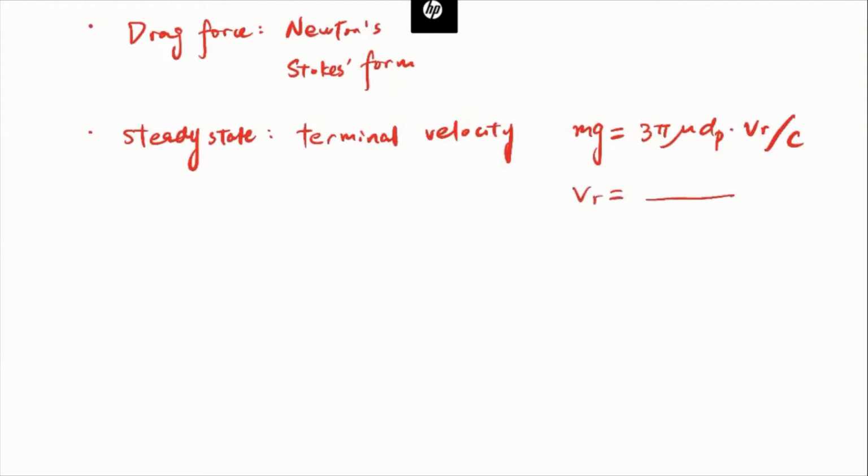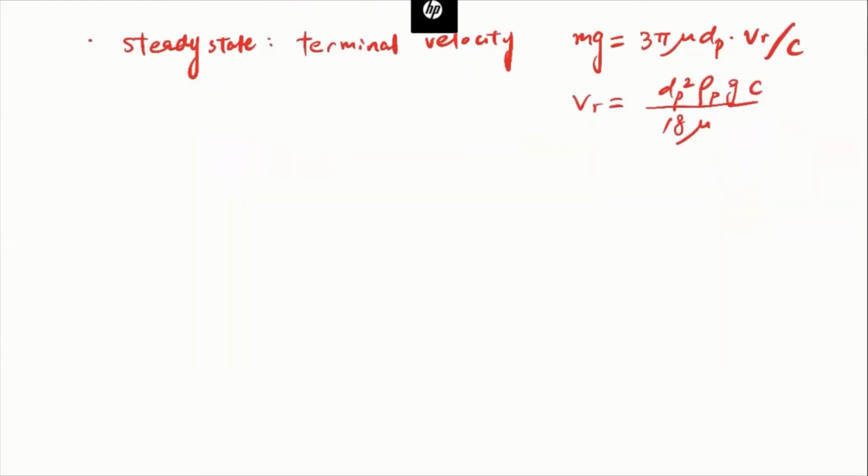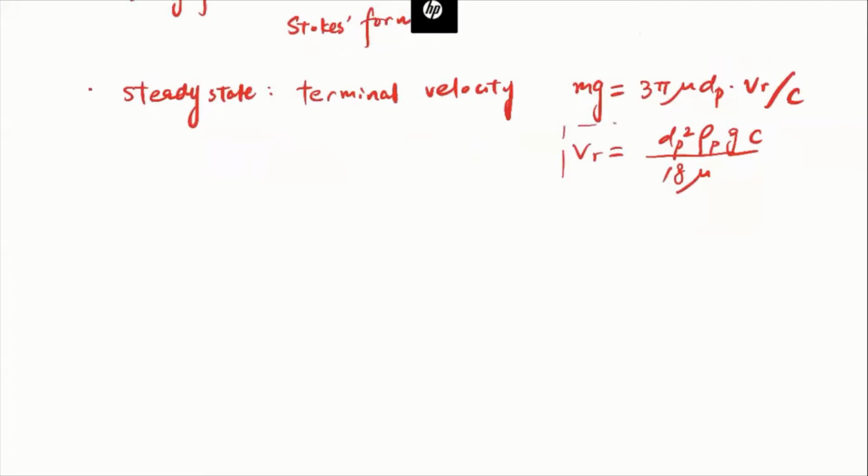If I remember it correctly, that's going to be rho p g dp squared multiplied by C divided by 18 mu. So this is the settling velocity of the particle, and this is under the steady state.